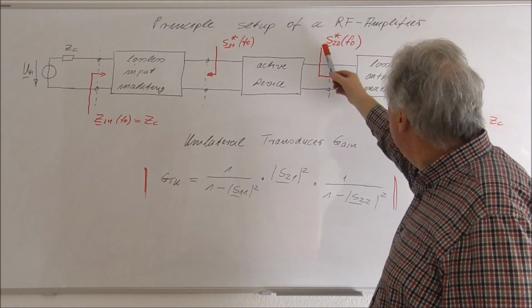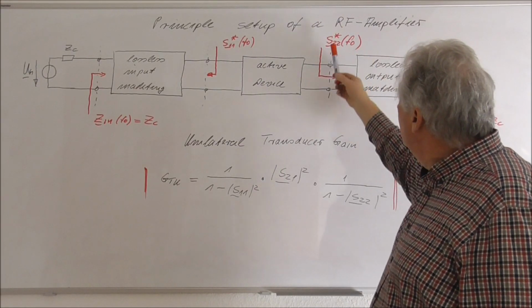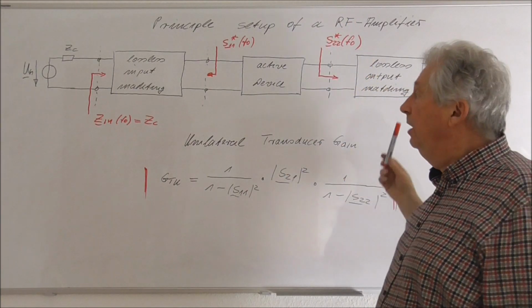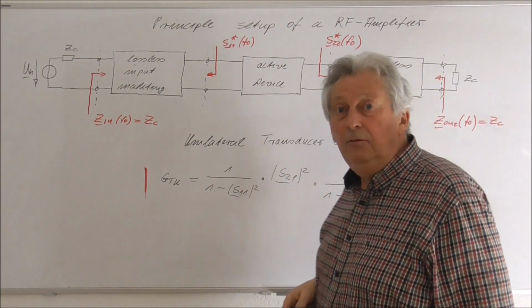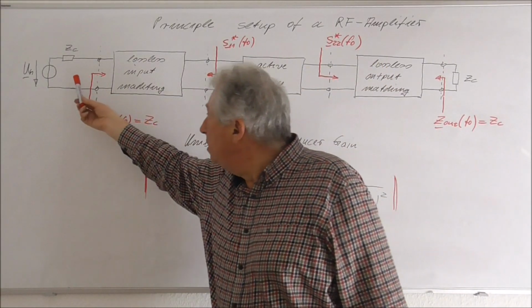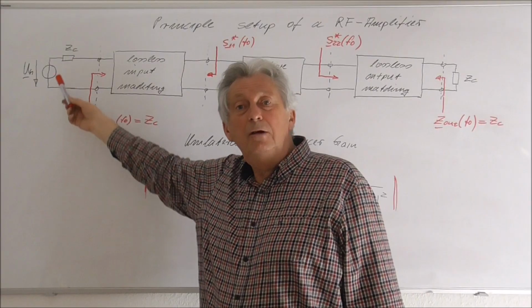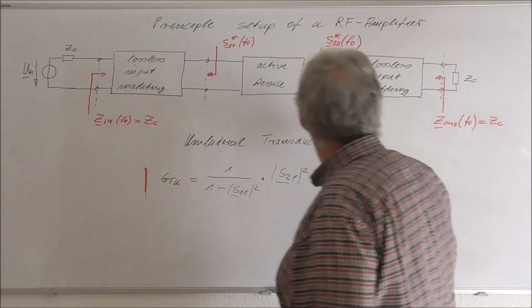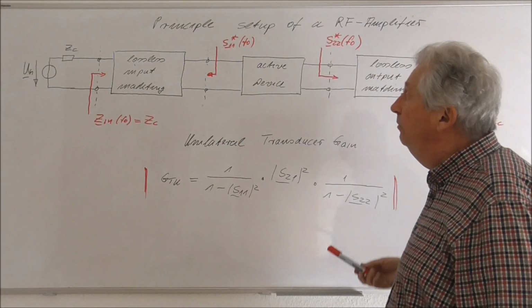Also the load impedance the device wants to see as S22 conjugate complex. But if I have a 50 ohm system, we will always have here a generator impedance of 50 ohm, or we will have a load impedance of 50 ohm.